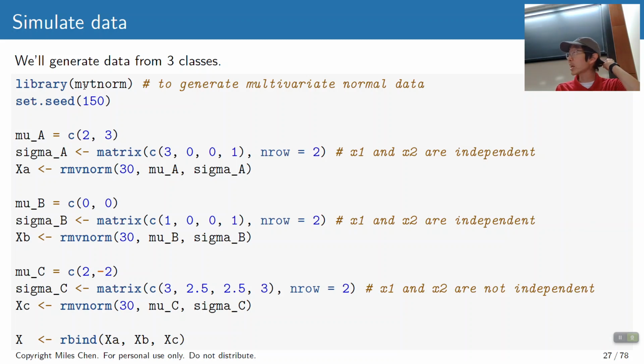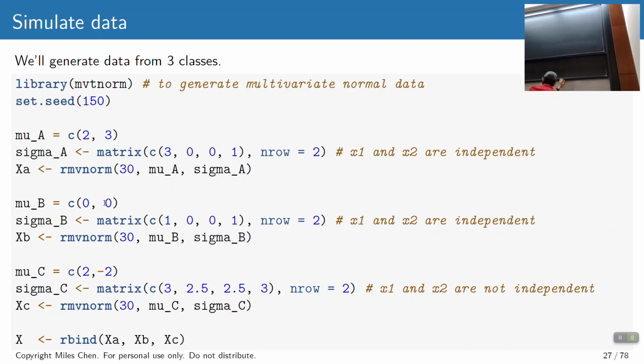I can use this package MVT norm, which will calculate the density of the multivariate normal and can also be used to generate random data from it. The mean of class A is going to be 2, 3. The mean of class B will be 0, 0, and the mean of class C will be 2, -2.